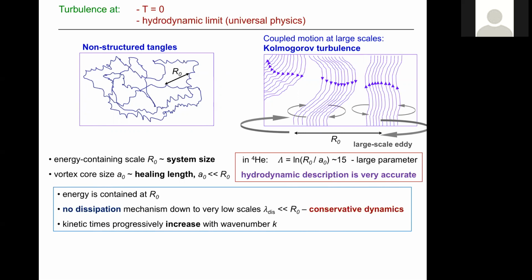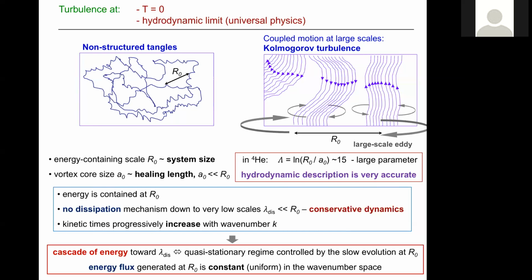You said that with increasing k the time scale is faster, so the time is smaller, right? Right, thank you. So kinetic times get progressively shorter with wave number. Okay, right. So I was thinking in terms of rates, and that's the usual thing to mess up.